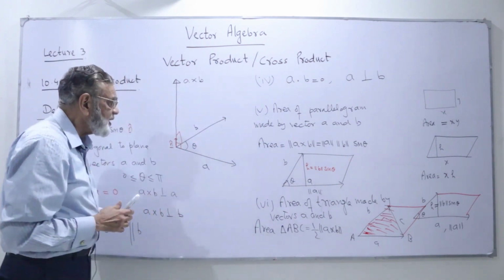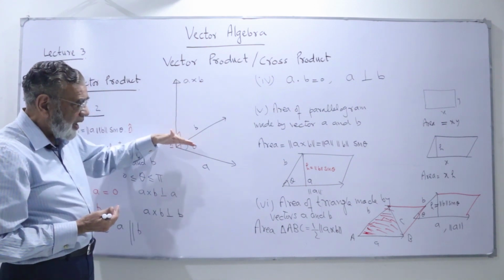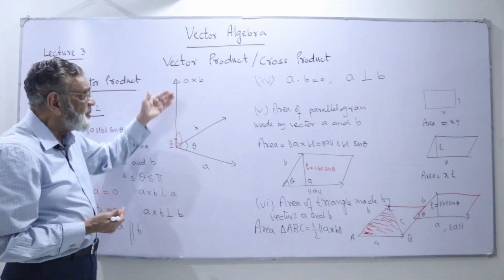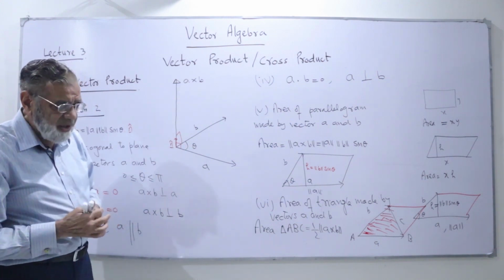If I want to find a unit vector orthogonal to the plane containing A and B, simply I take the vector and divide it by its magnitude, that gives me the unit vector.